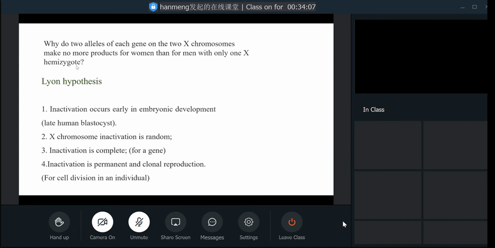Once the X chromosome is inactivated, the genes are completely inactive, so it will have no gene products. And once the inactivation has occurred, it is permanent and clonally reproduced through cell division in an individual.